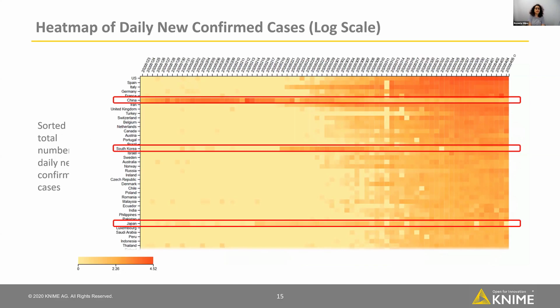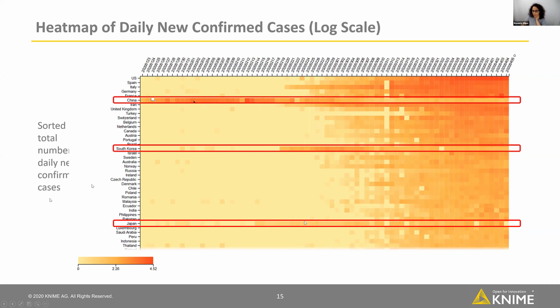And then finally, we have the heat map. This one was taken from the BBC article. This heat map from white to red shows the whole start of the pandemic. Here you have the time, and here you have the most affected countries. You can see that China is the country where it all started, and the daily number of new confirmed cases was higher at the beginning.